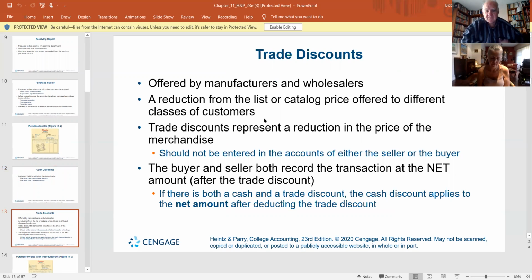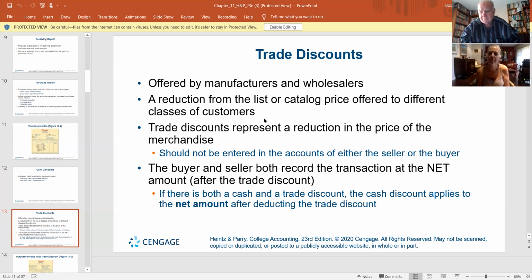Let's understand what a trade discount is. A trade discount is not recorded in the financial records at all. You might get a bill that says one item at $1,000, less 20% discount. So the price comes down to 800. You work with the 800.